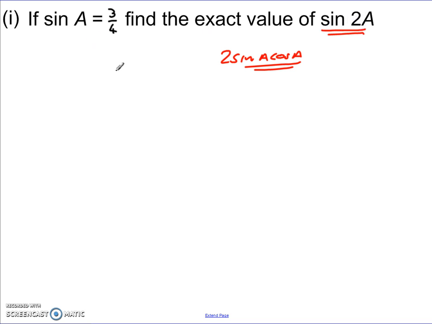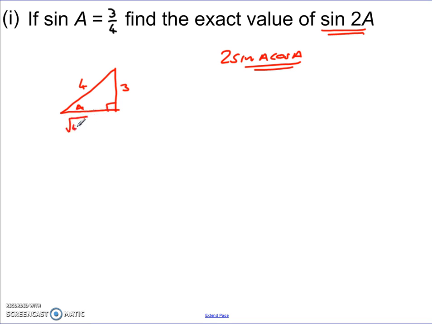Now, sine A equals 3/4. What that means is you could set up a right-angled triangle, because all trig relates to right-angled triangles, and call an angle in it A. Using SOHCAHTOA, opposite over hypotenuse could be given there, which means this side is 3 and this side is 4. It's a right-angled triangle, so we could use Pythagoras to find the missing side.